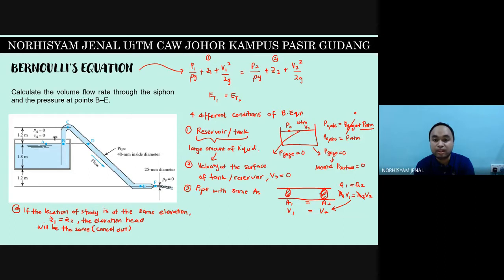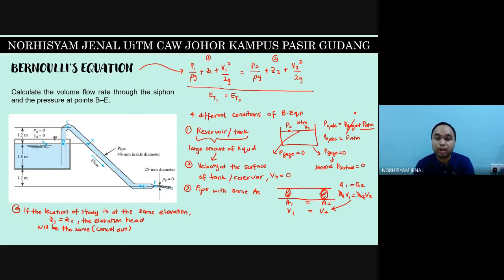So these conditions are really important because later on, if you do not cancel out, for example, P surface equal to 0 or V surface equal to 0, sometimes in the Bernoulli equation you will have multiple unknowns that you cannot solve. If you only have one equation like this, we can only have one unknown.